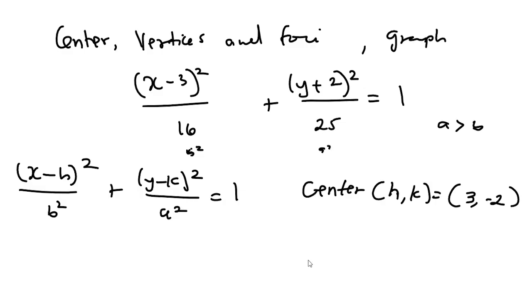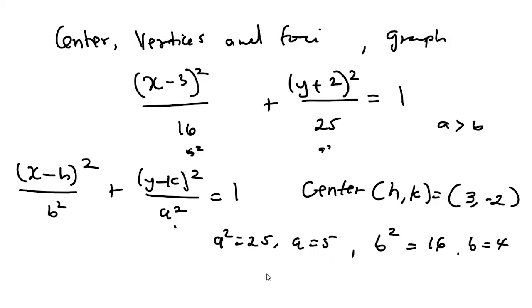Okay, now the vertices. To do that, we need to get our A and B and also C. Now by comparing, our A squared is equal to 25, so our A is 5. Then B squared is equal to 16, so our B will be equal to 4.